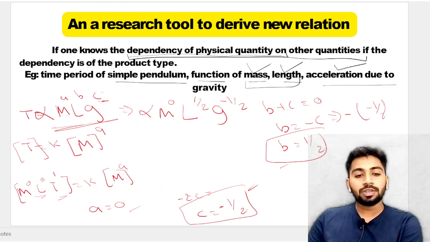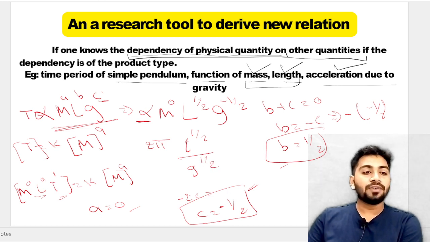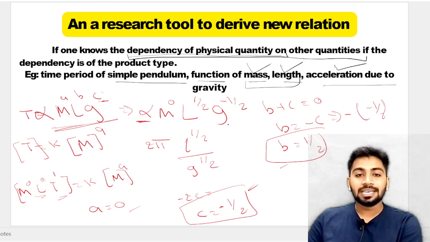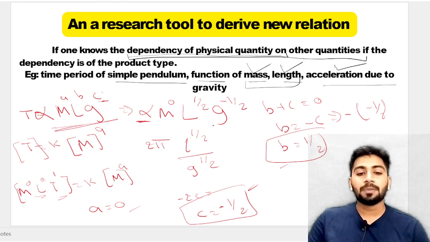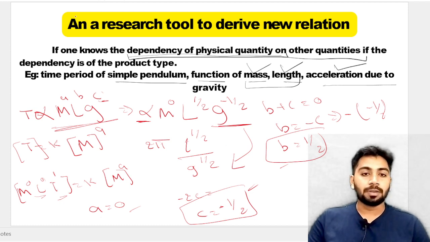Now if we remove the proportionality, we can write the constant as 2 pi, a dimensionless constant. Ignore it. Now M is 0, so only L and G are there. Here minus 1 by 2, here plus 1 by 2, I am sending G to the denominator, it will become positive. Very simple.